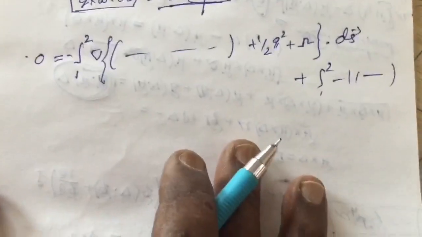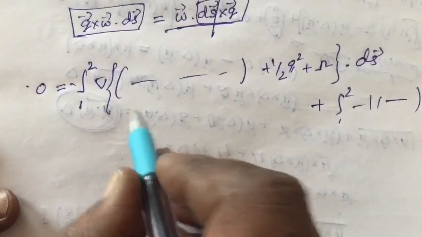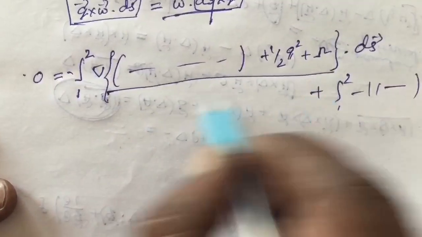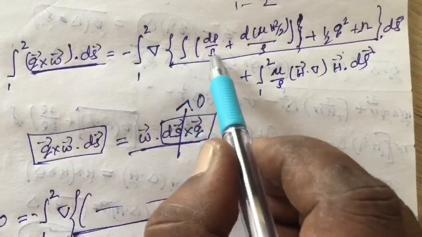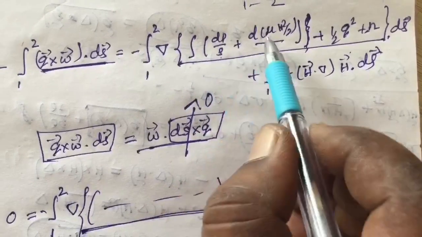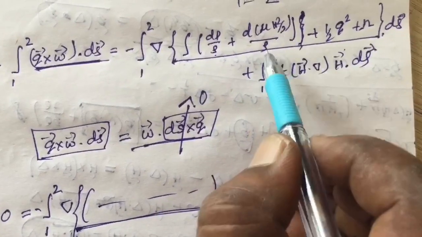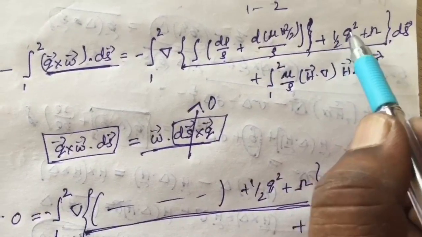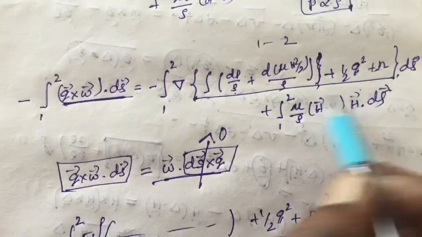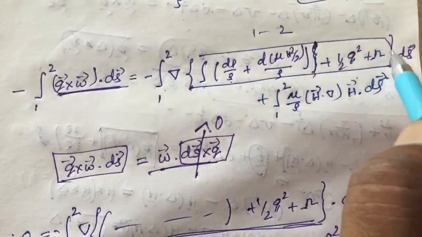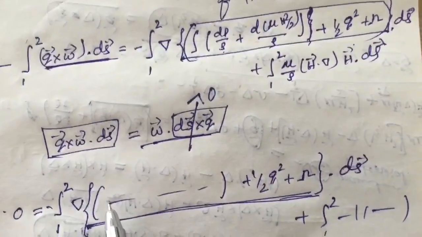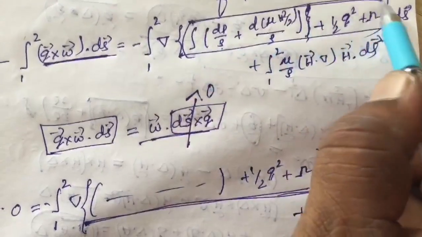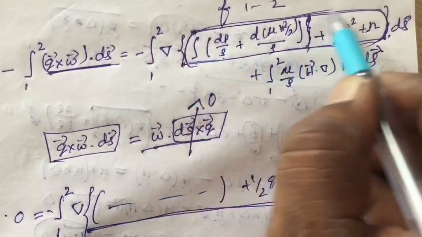Now, look here. Inside the gradient you can find integration dp by rho, integration d of mu h square by 2 rho, plus 1 by 2 q square plus omega. I am going to call this total term some f.